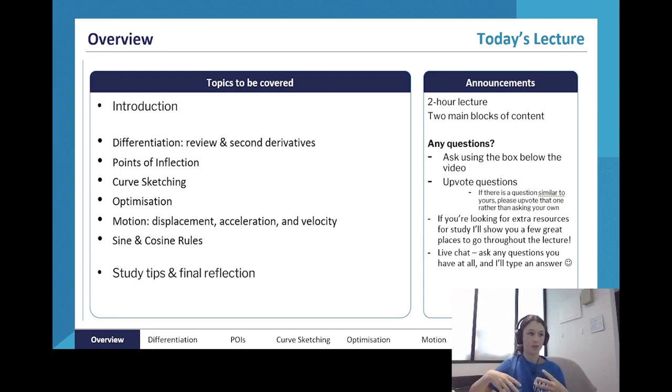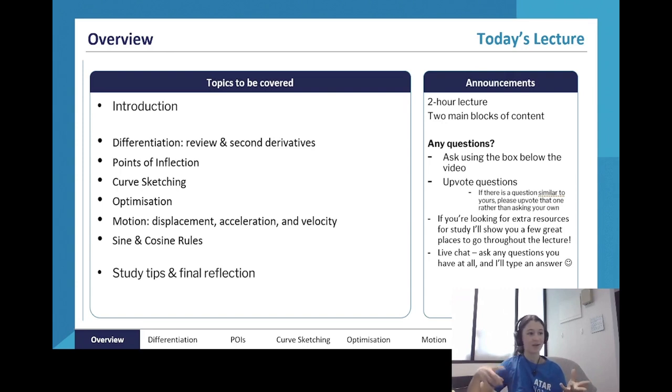After that, we're going to be going over some optimization questions, especially because I know that this is a tricky topic for some people. It was a tricky topic for me, but as a result of that, it was one of the most fun ones. I'm going to be going over some of the tips that I have for optimization questions, just because I know that they do really get tricky.